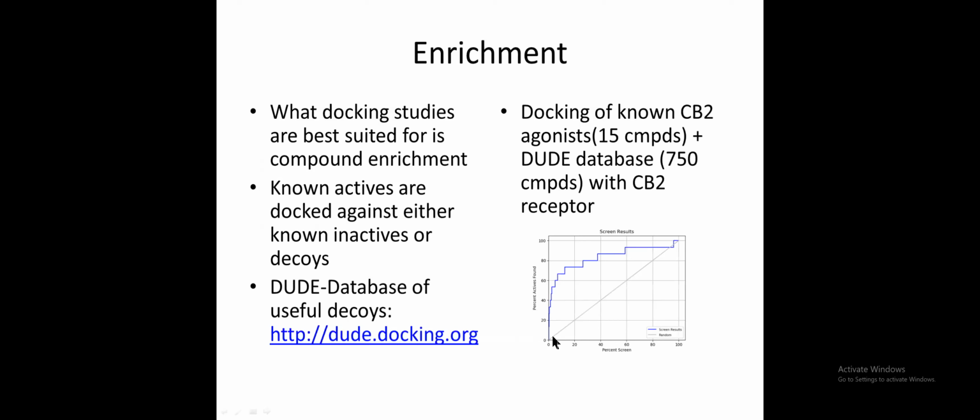And what we're looking at is if there was no enrichment, if the program found our actives at pretty much the same rate that it found the inactives, it would more or less run along this line, the diagonal here. If it actually found the inactives to a greater extent than it found the actives, we would be over in this portion of the graph.